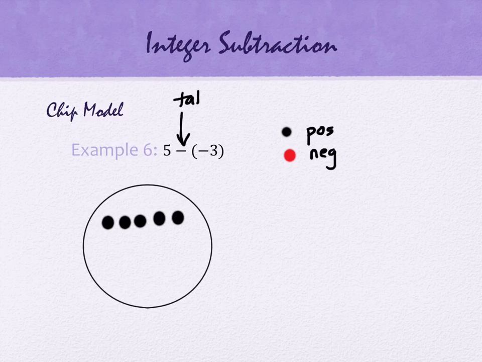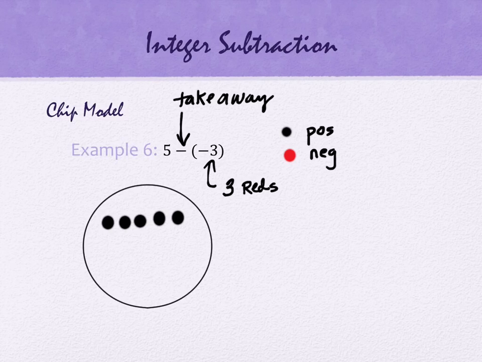Okay, so this is a take away. We're going to take something away. But what does it say I'm supposed to be taking away? 3 what? Negative chips. So that's 3 red chips in this model, right? And I've got a problem. We don't have any red chips to take away. Everybody agree? So somehow I have to get some red chips in here so that I can remove them.